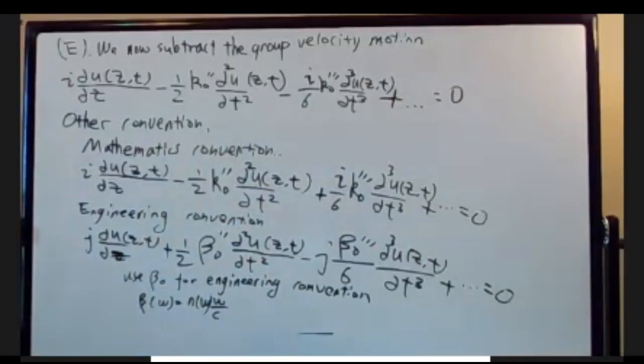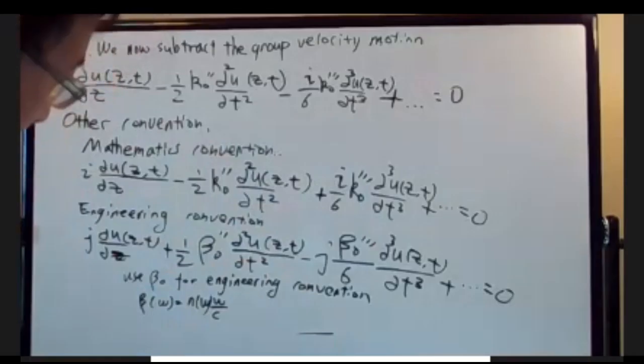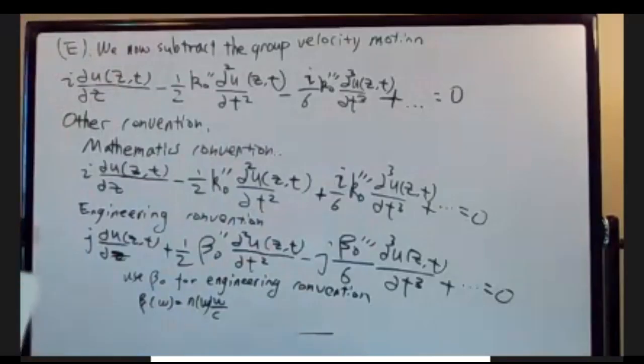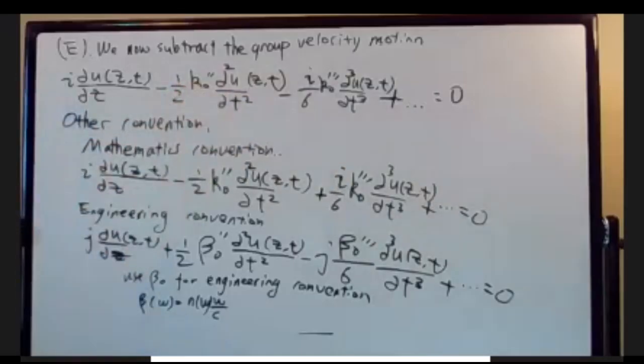Questions? Could we consider beta naught to actually be negative K naught, because it's the opposite sign between the mathematics and the engineering? Beta naught is actually the same as K naught.